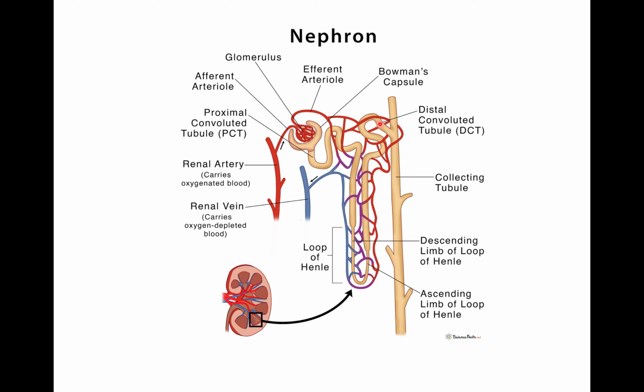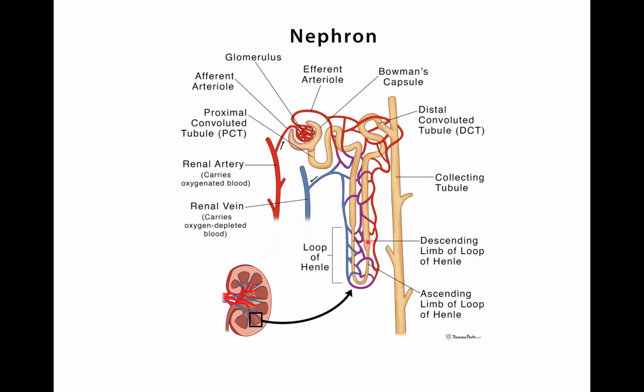Now the DCT. It is the second last part of the nephronic tubule, which lies next to the glomerulus, and it is similar to the proximal convoluted tubule, or we can say it is the posterior elongation of the ascending limb of the Henle's loop. It passes through the gap between the afferent and the efferent arterioles.